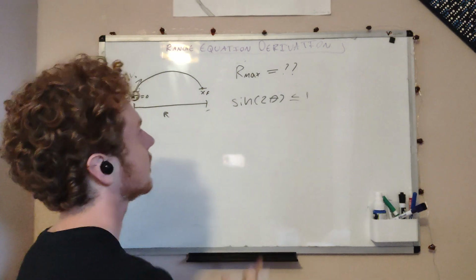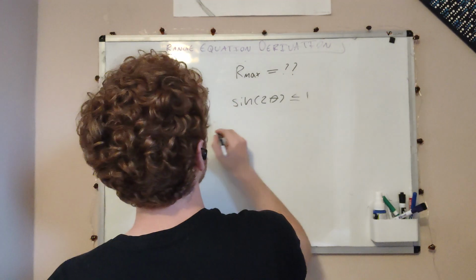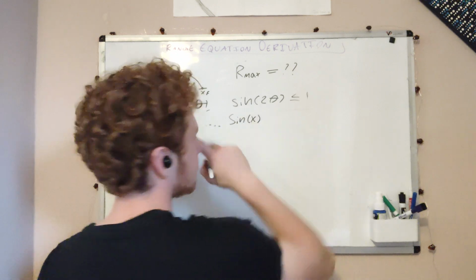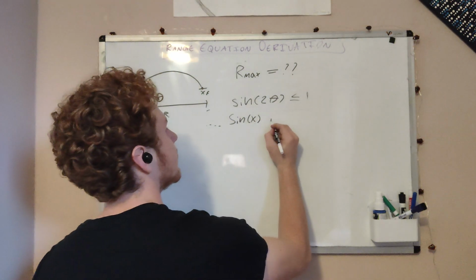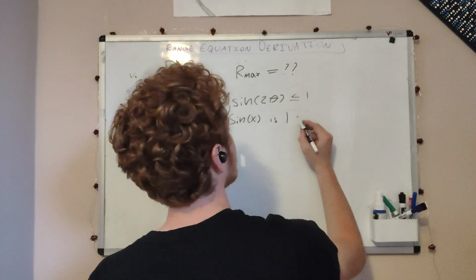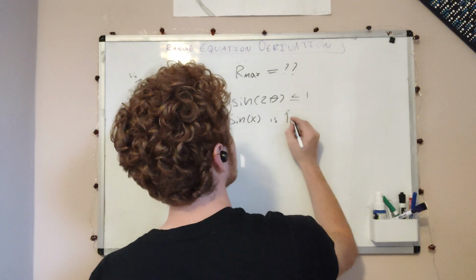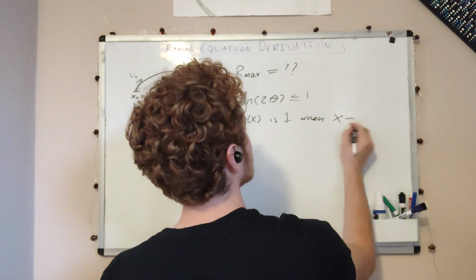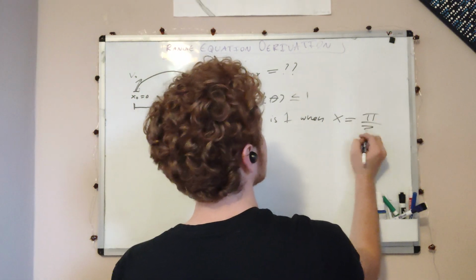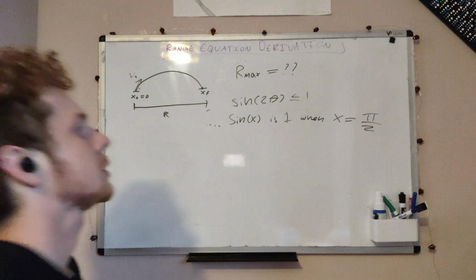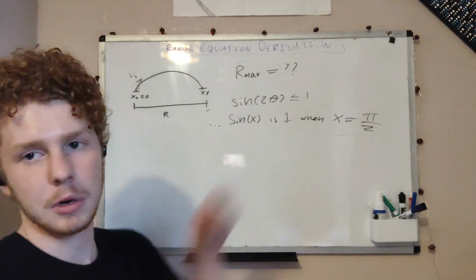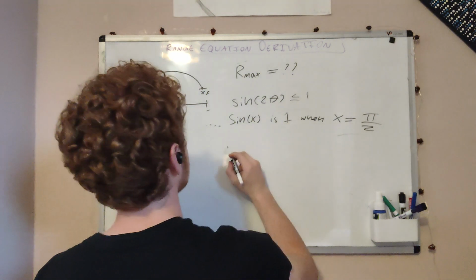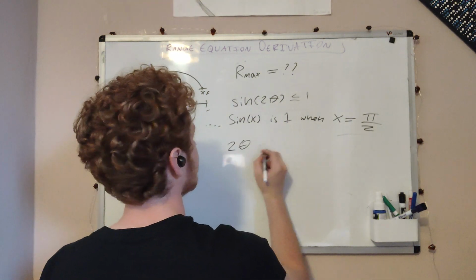Let's think of the sine of x: it is 1 when x equals pi over 2. So that must mean that this is equivalent to pi over 2 as well.